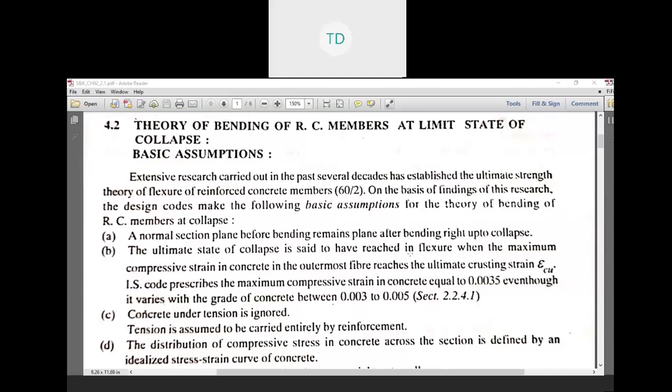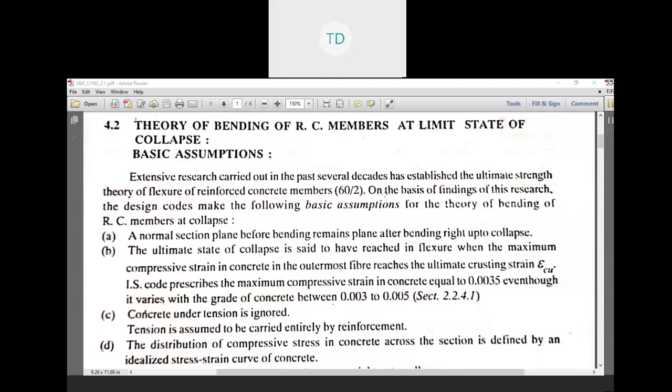First assumption: a normal section plane before bending remains plane after bending right up to collapse. The ultimate state of collapse is said to have reached in flexure when the maximum compressive stress in concrete in the outermost fiber reaches the ultimate crushing strain.